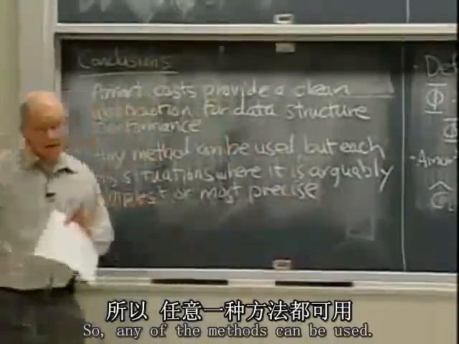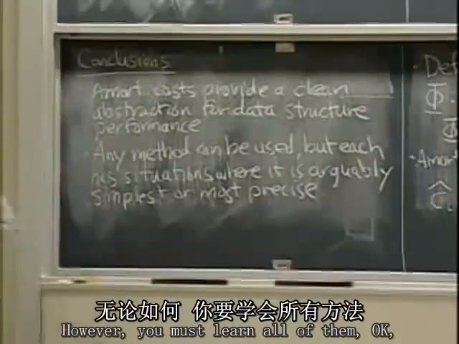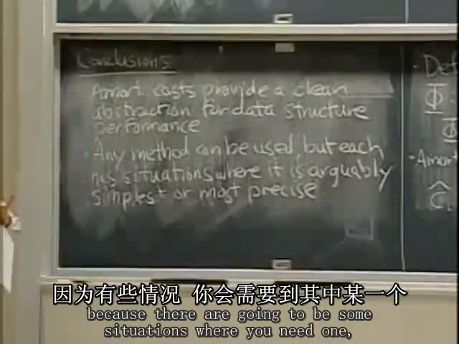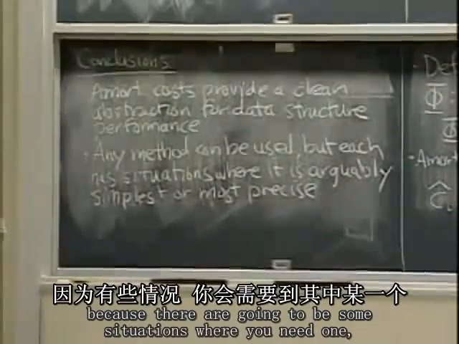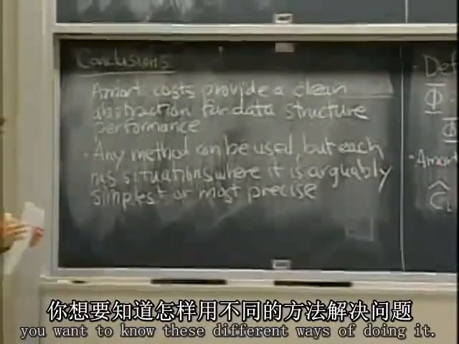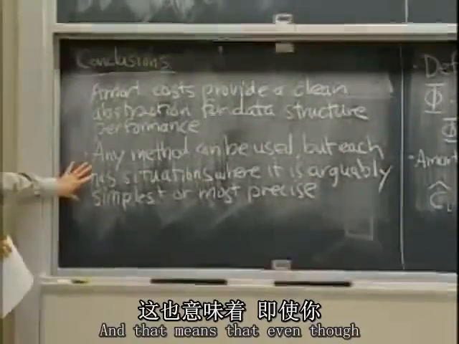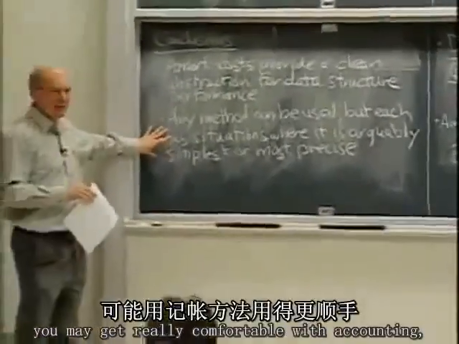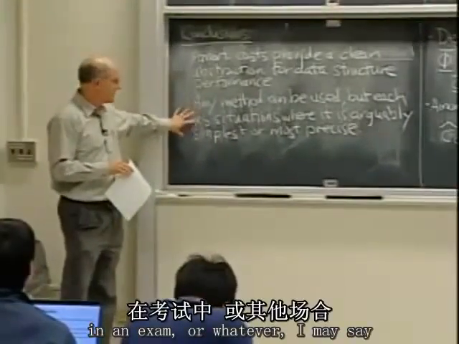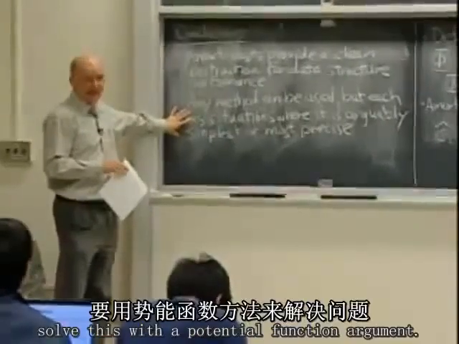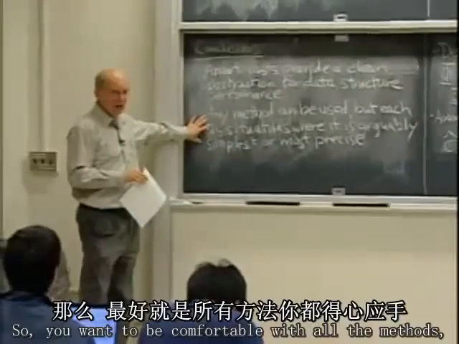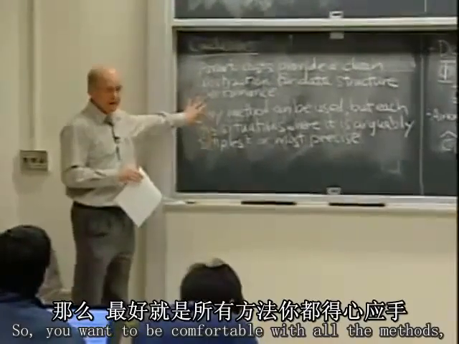So any of the methods can be used. However, you must learn all of them, because there are going to be some situations where it's better to use one, better to use another. If you're reading in the literature, you want to know these different ways of doing it. And that means that even though you may get real comfortable with accounting, on an exam or whatever, I may say, solve this with a potential function argument. So you want to be comfortable with all the methods.